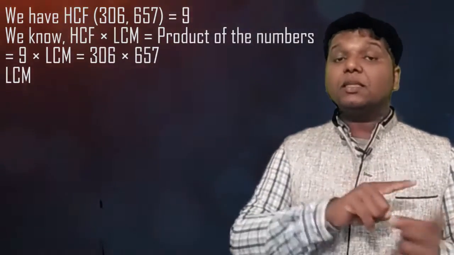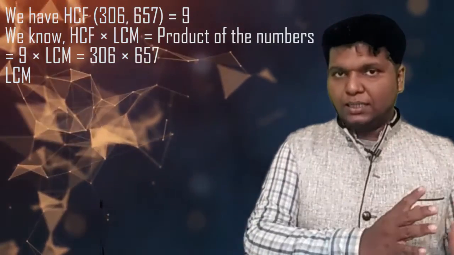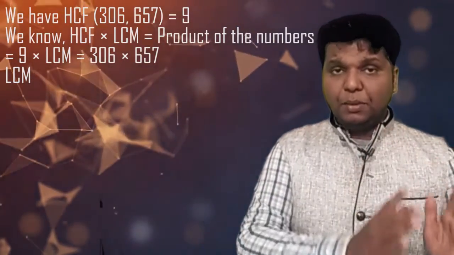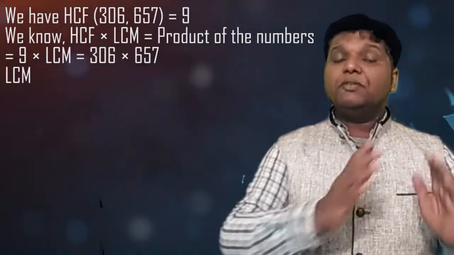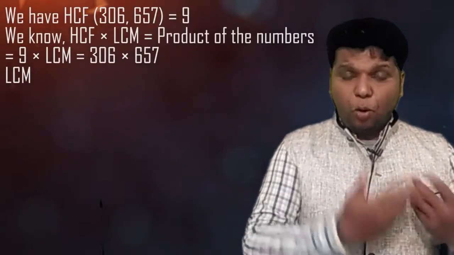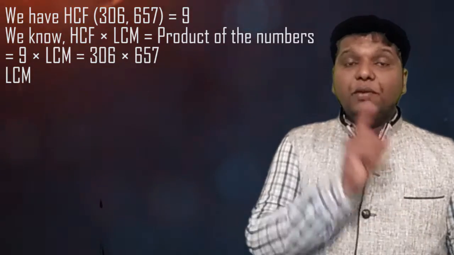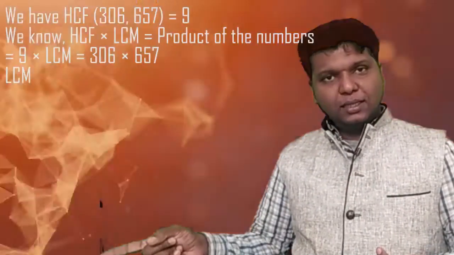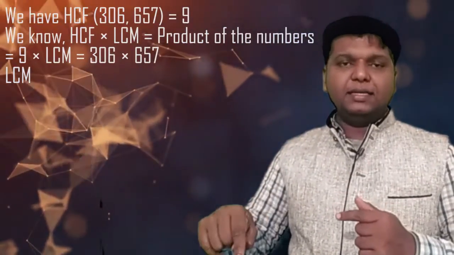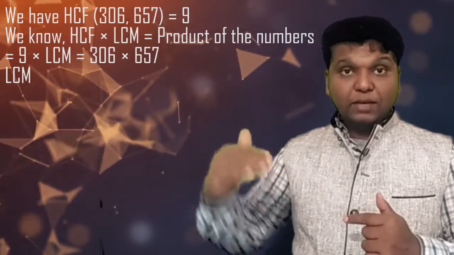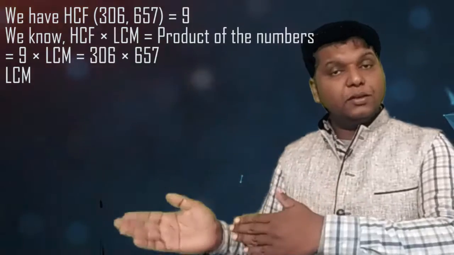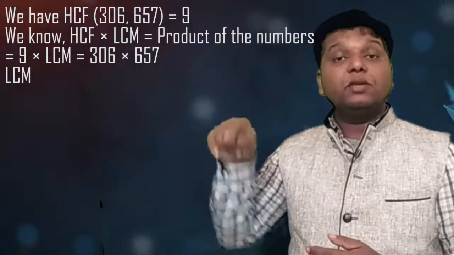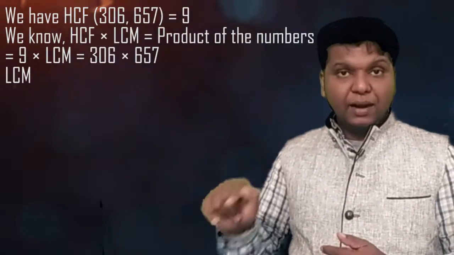Whereas if it is the product of numbers on one side, whether in the LHS or the RHS, when you're taking that number to the other side, it will become divided. It was in the numerator part, and when it goes to the other side, it will become the denominator part.